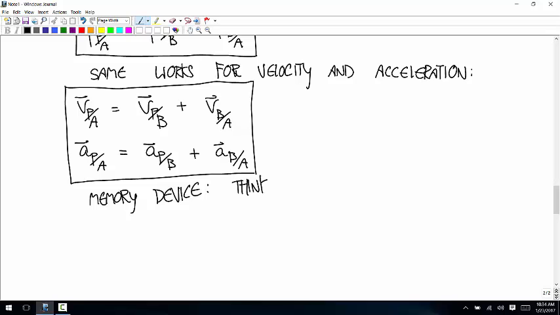It doesn't have any basis in mathematical reality, but it gives you the correct answer. So think fraction multiplication. So for example, in this case, P over A is equal to P over B times B over A. The B's cancel out and you get P over A.